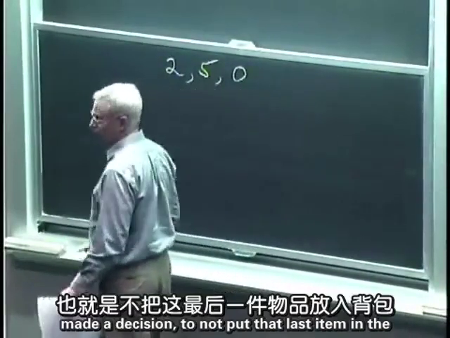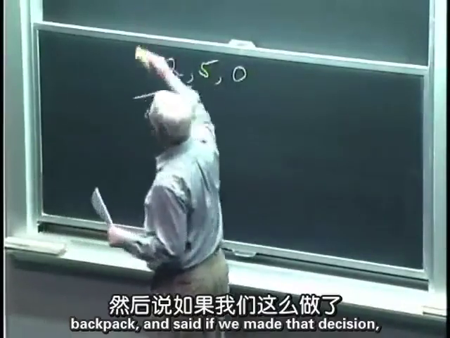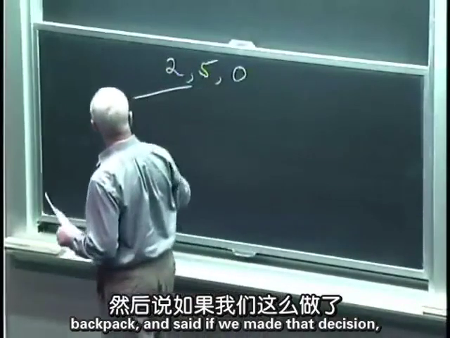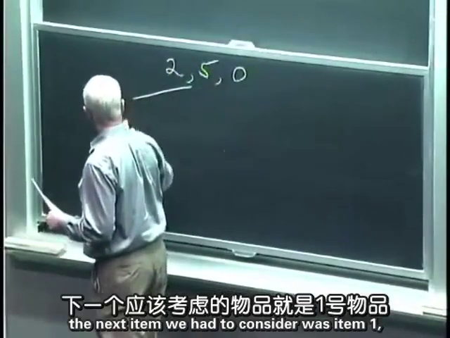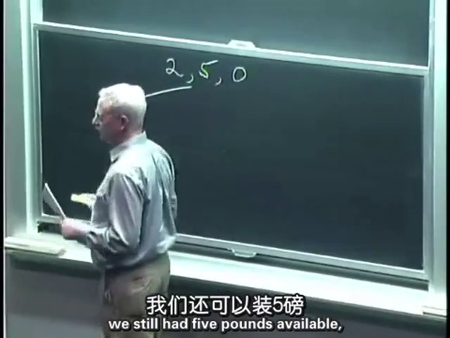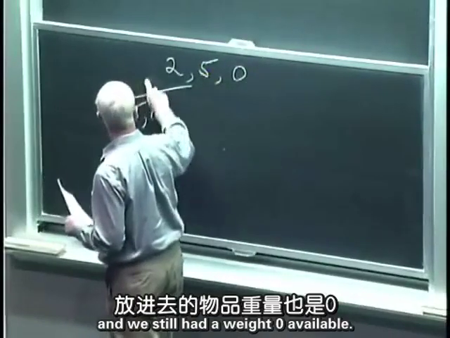And then we made a decision to not put that last item in the backpack and said if we made that decision, the next item we had to consider was item 1. We still had 5 pounds available, and we still had a value of 0.